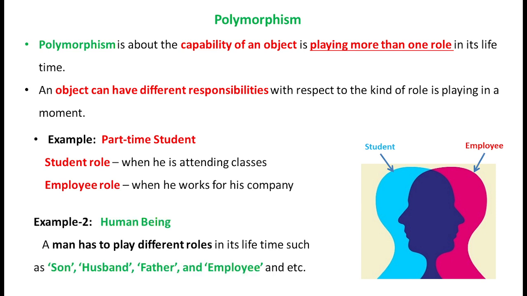Here you can see a very simple example, that is a human being. If you take a human being, in our lifetime we have to play different roles. For example, a man has to play different roles in his lifetime, such as first son, then later on husband, father, employee, brother, and so on.